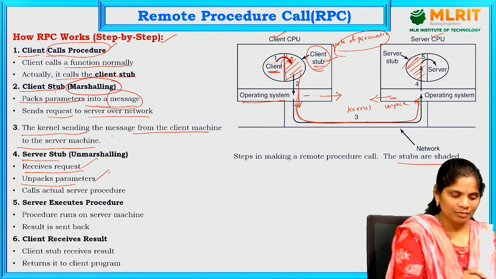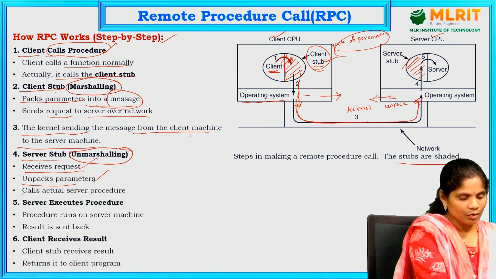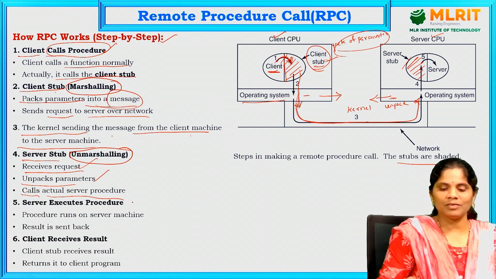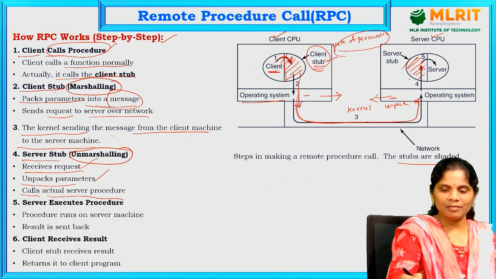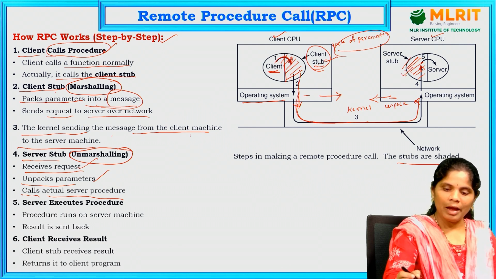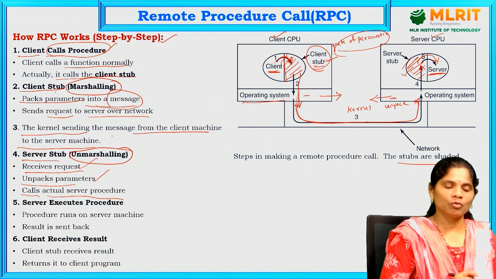Unpacking the parameters we call unmarshalling. The next step is to call the actual server procedure. So the server stub's work is unpacking the parameters, called unmarshalling, and then moving on to the actual server procedure.